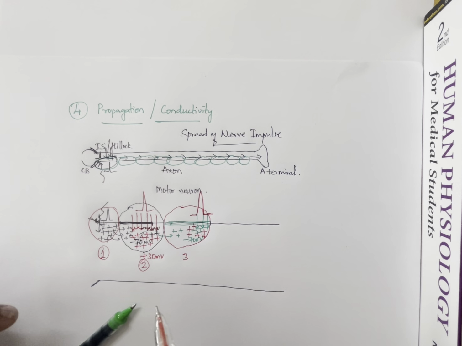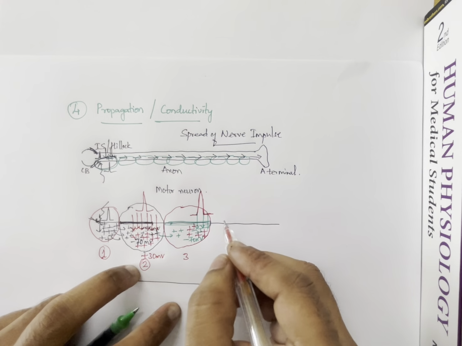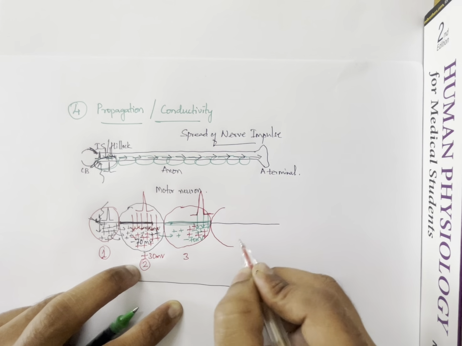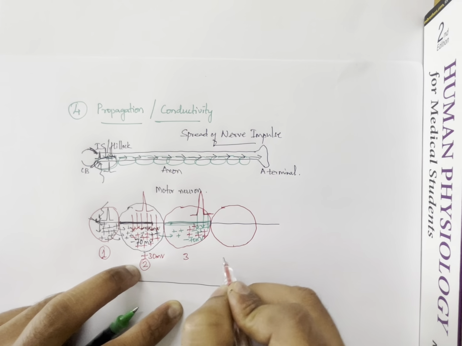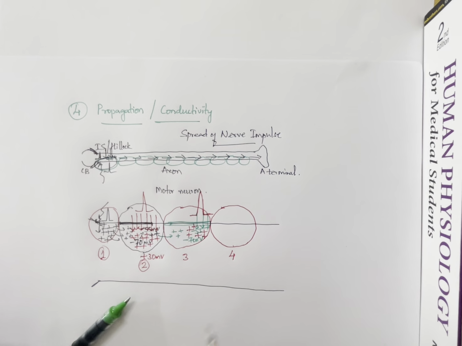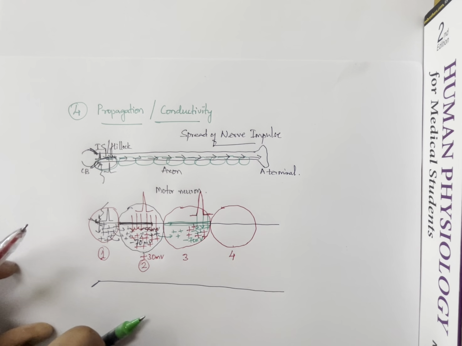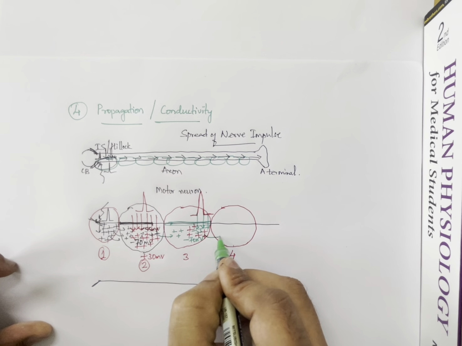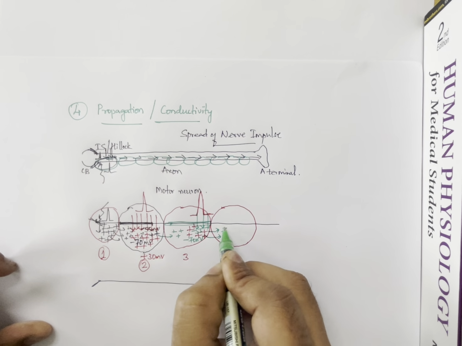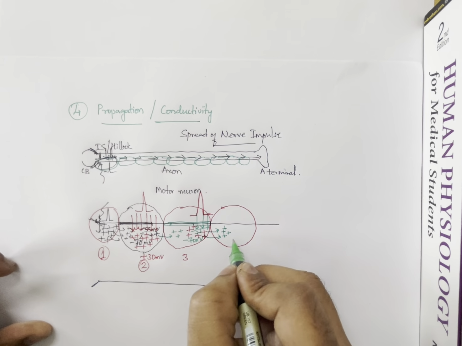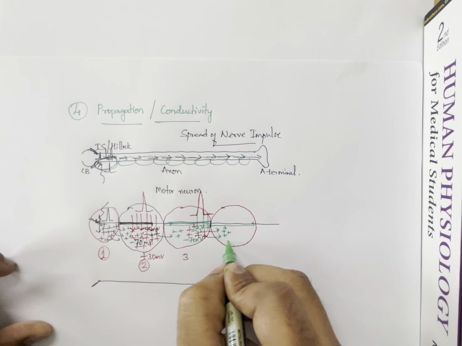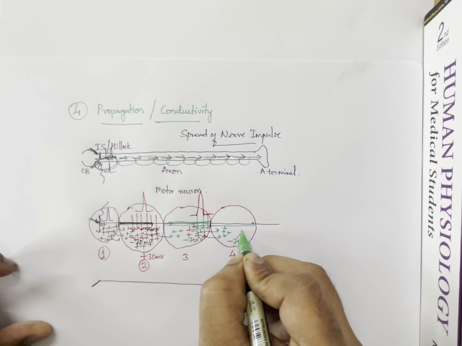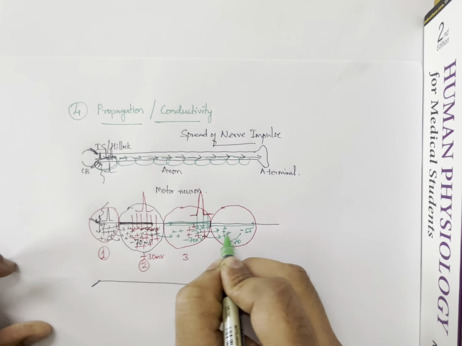So now you can again explain how in this fourth region of the cell membrane an action potential is generated. Those positive charges which have entered here, will they diffuse here? Because of diffusion of positive charge, the membrane potential which was at resting minus 70 millivolt goes to minus 55 because of this diffusion.